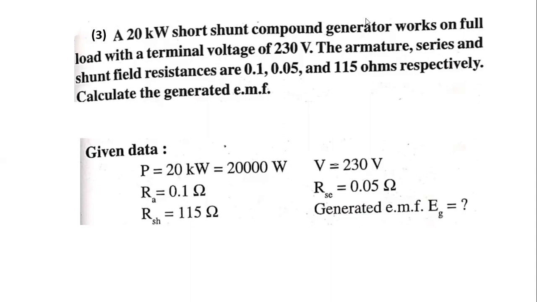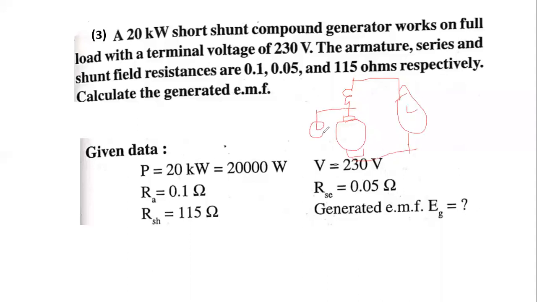In that question we are given a short shunt compound generator. What is meant by the short shunt compound generator? The shunt field winding is connected only in parallel to the armature, and the series field winding is connected in series to the armature.